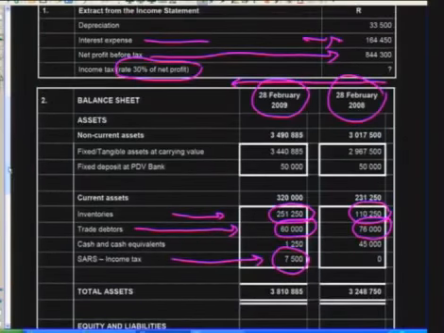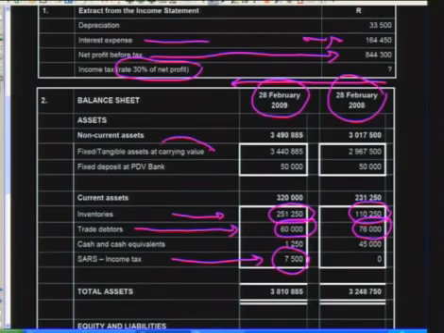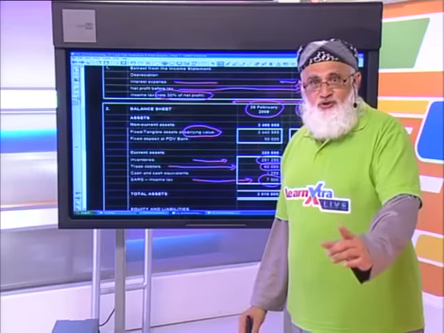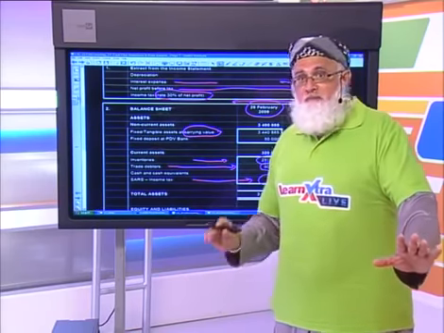Notice here that it says fixed or tangible assets, and the important word is that it is at carrying value. Do you remember? Not the cost price route, but the garden route. Therefore, the interesting one.